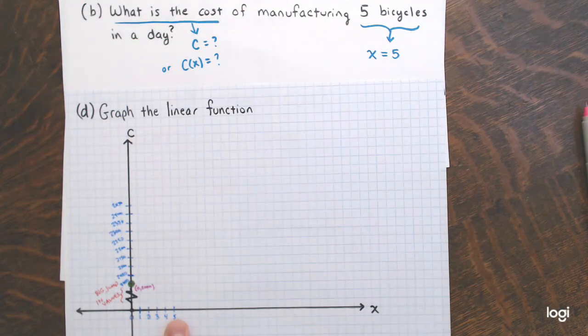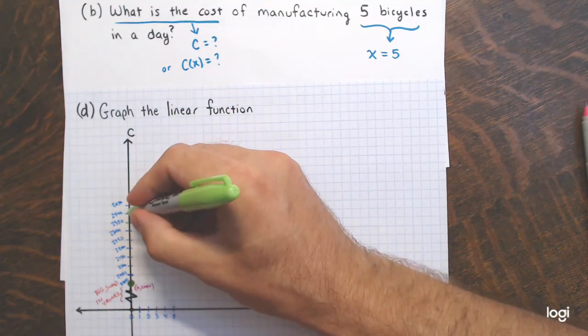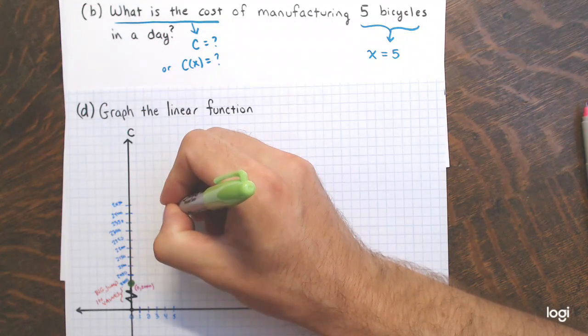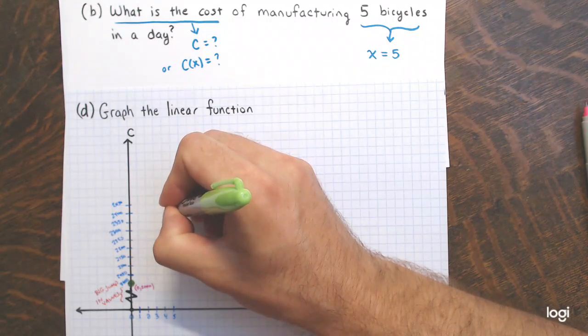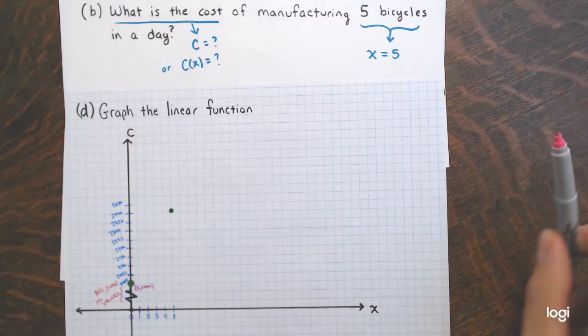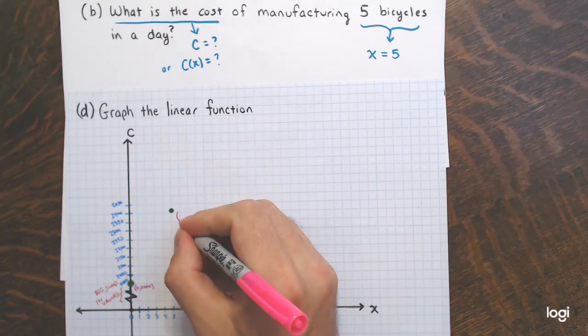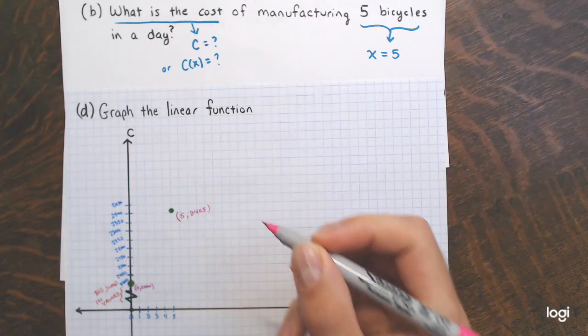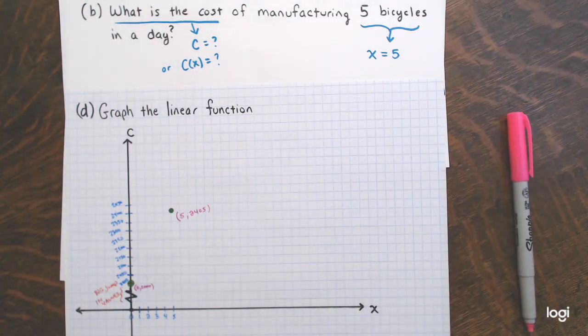So input 5, output 2,405. So a little bit above the 2,400 mark, over in line with the 5 units, so right there. That is a point that we discovered, and I will label it so we know what the ordered pair is. So 5, 2,405, right?